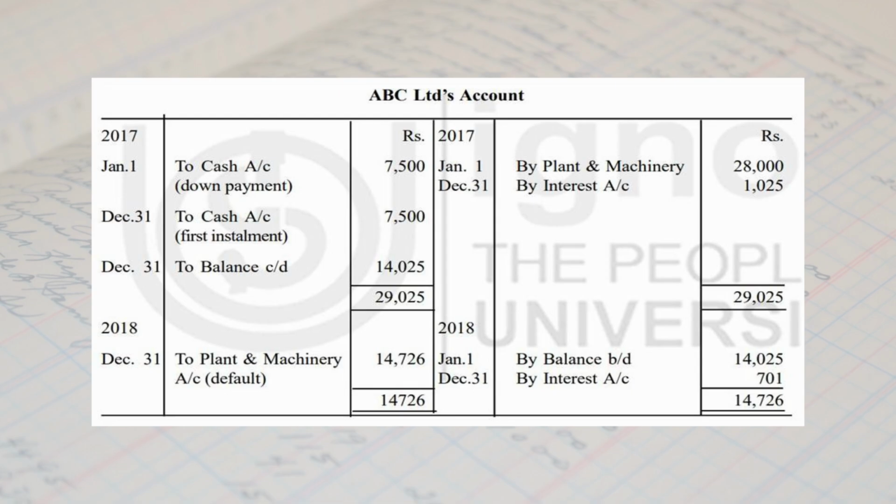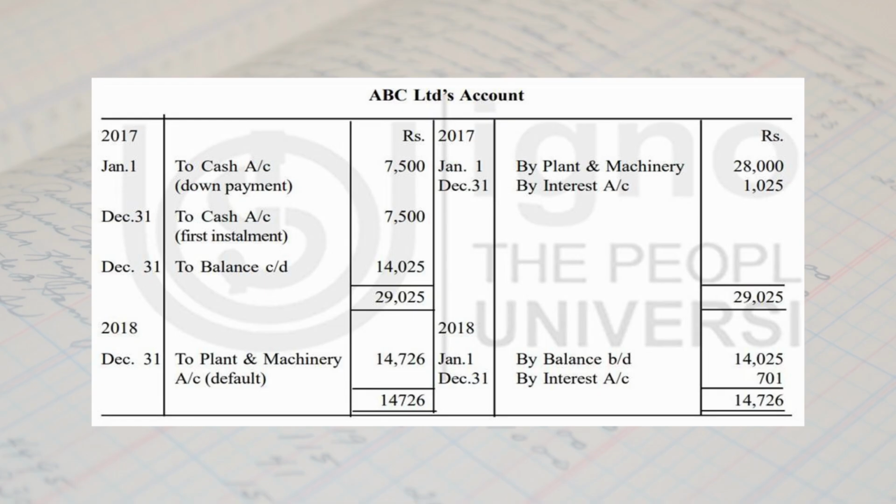So, in the accounts of ABC Limited, it is buy plant and machine 28,000. At the end of the first year, the first installment was also made of rupees 7,500.